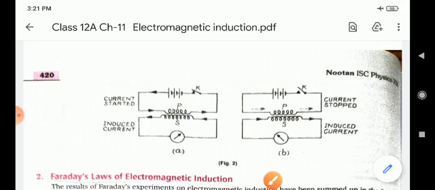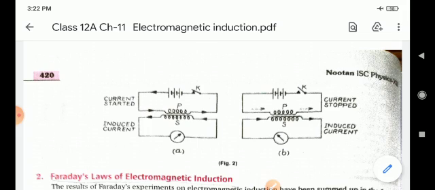In this figure, the galvanometer deflects momentarily, showing an induced current in the secondary in a direction opposite to that in the primary. Similarly, when the current in the primary is stopped, there is again a momentary current in the secondary, but in the same direction as in the primary.